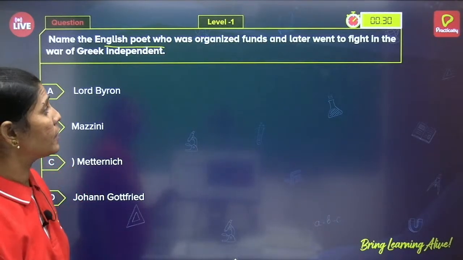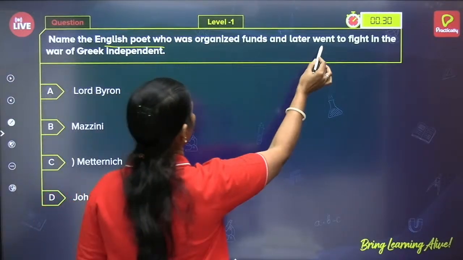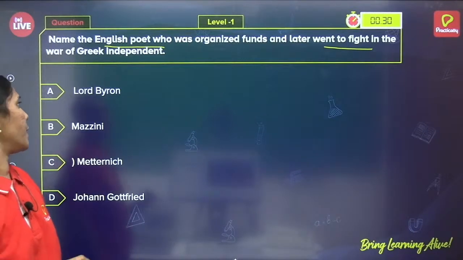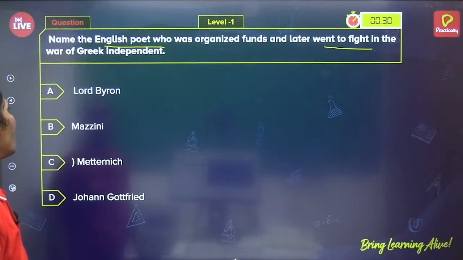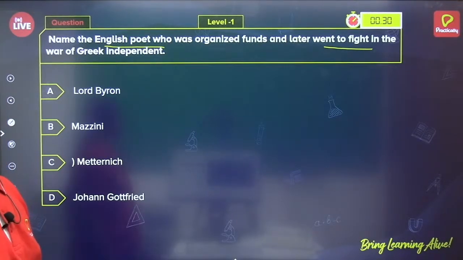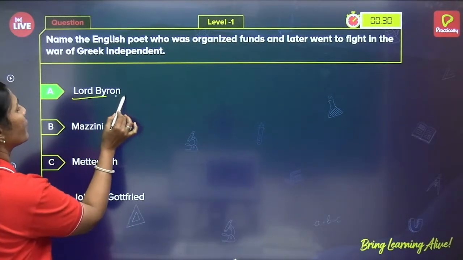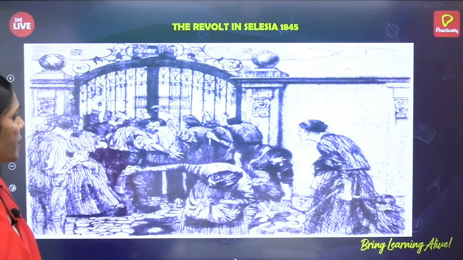He gathered some funds and even fought in the war for Greek independence. The person's name is to be identified from the options: A, Lord Byron, Mazzini, Metternich, and Johann Gottfried Herder. Can you guess the answer? The answer is Lord Byron. Please note this point, children. The Silesia picture.